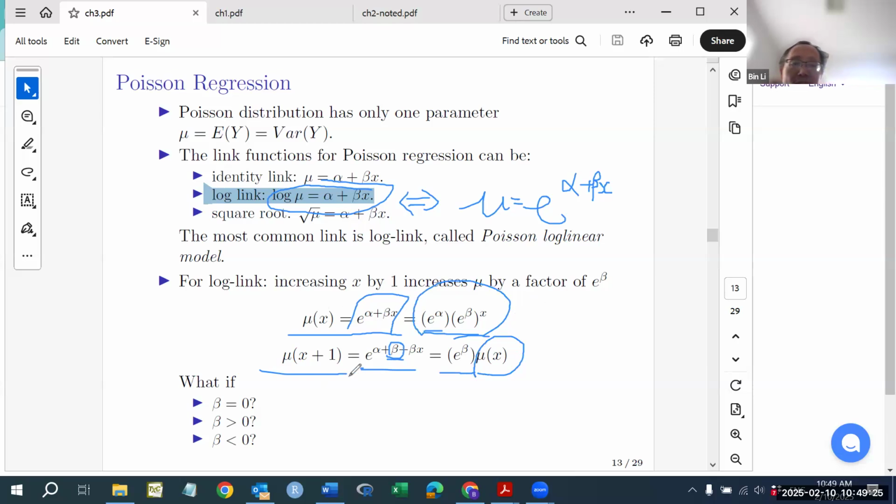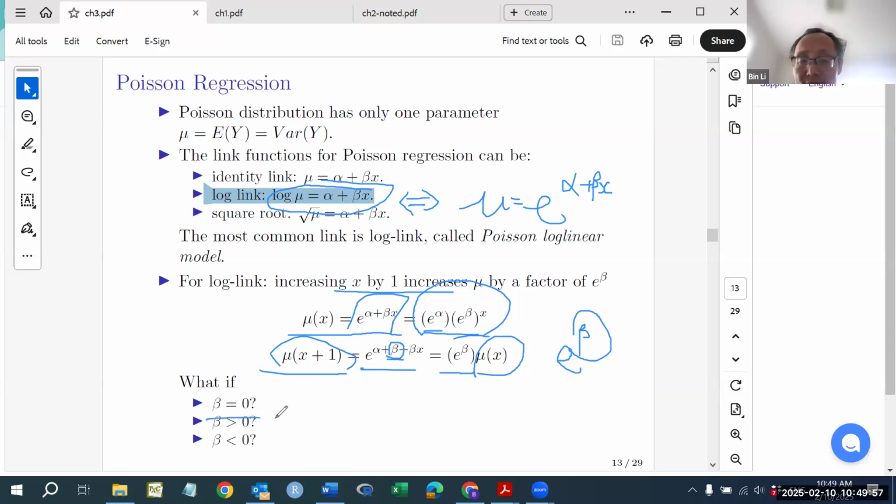So you can see what the effect of beta is in the log linear model. By a 1 unit increase of x, the expected count is multiplied by e to the power of beta. And that's how we interpret the slope. We will see some examples in a minute.